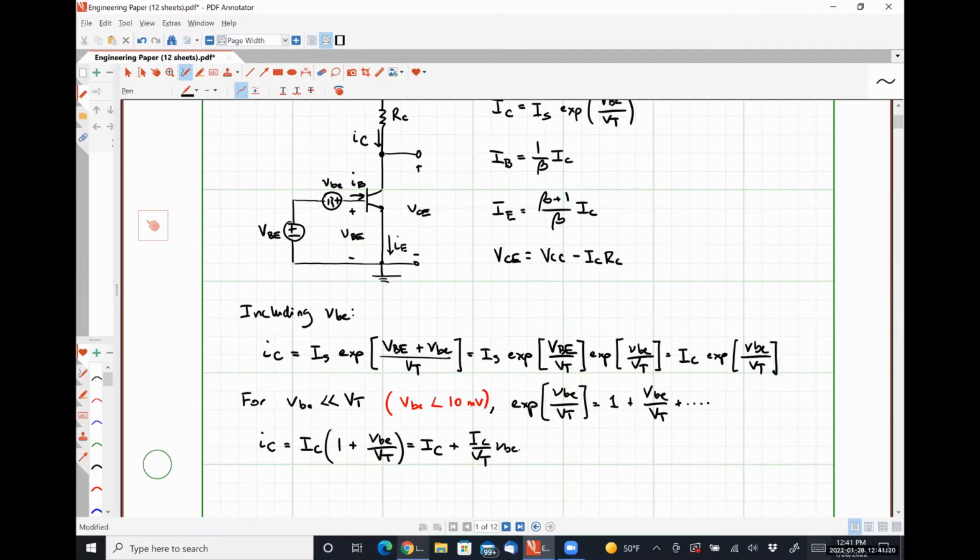So our collector current contains a DC bias component and a small signal current that is dependent on the value of the perturbation voltage and that ratio, capital IC divided by our thermal voltage.